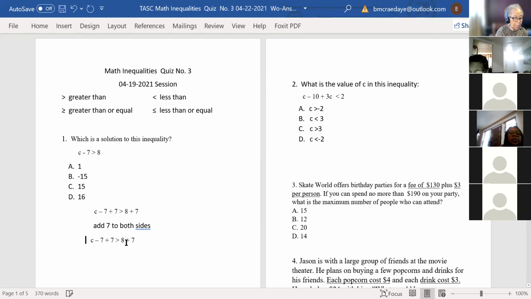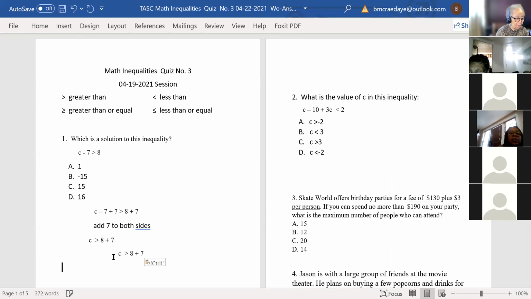And the C. That's right, because the -7 and +7 will give you 0. So let's just take it out because that's 0. We don't have to say 0 plus 0. And then what's 8 plus 7? That's 15. That's right. So let's just write that. 8 plus 7 is 15. Bring that over. And let's add them. So I'll just put 15 on the right. There we go. So that's your answer.